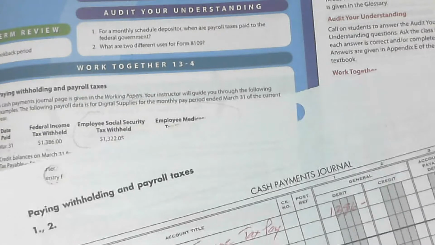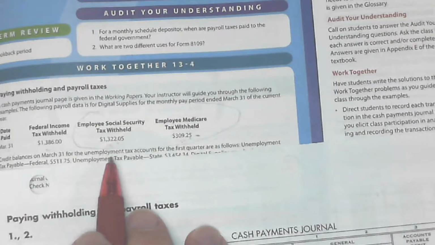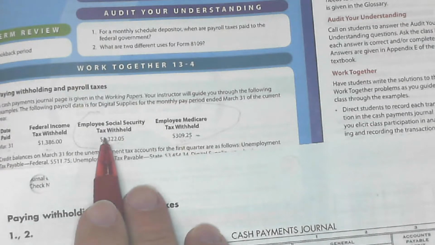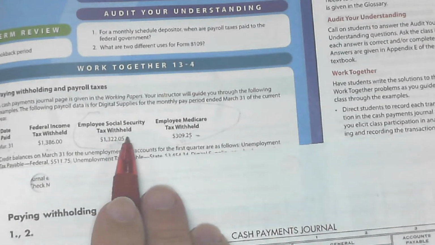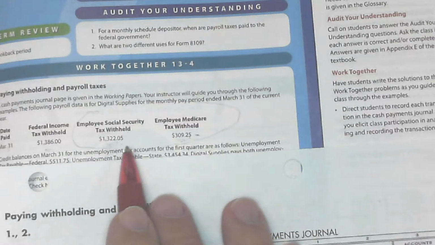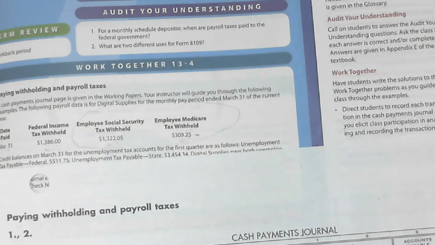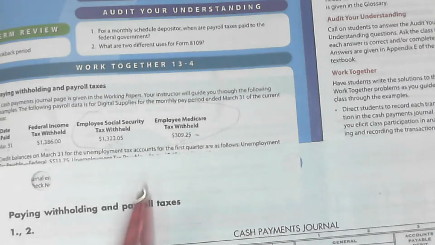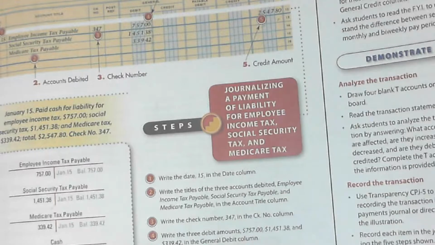Then our next one, our Social Security tax. Just a reminder, in the book, it shows you employee tax withheld for Social Security and employee Medicare tax withheld. Remember, when the company has to pay those in, they have to do matching on those. So we're going to have to double those. I don't remember if the book has that in here or not.